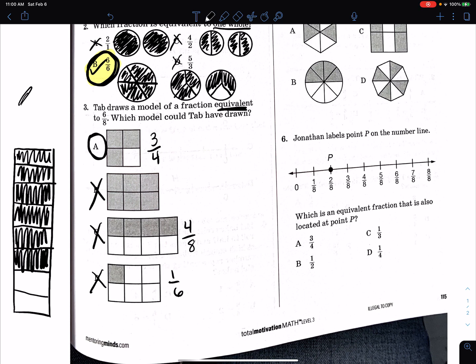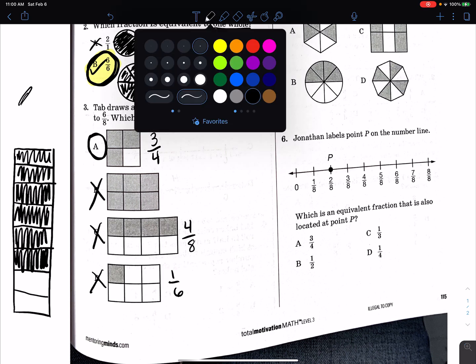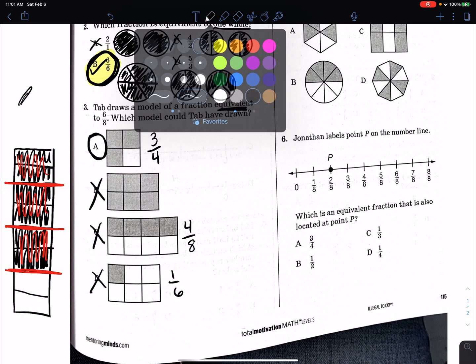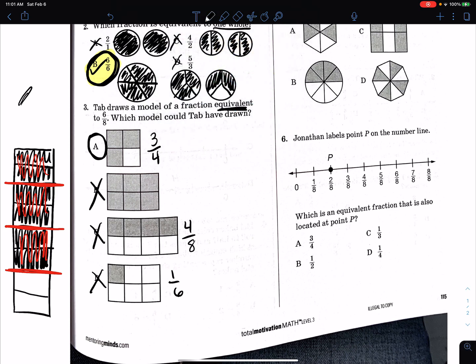But I want to double check that, and there's a couple ways you can. You could draw your model, and with this rectangle over here, you could divide it up into fourths. Right here. And you would visualize that you would have 1, 2, 3/4 shaded. You could also check your answer by cross multiplying.